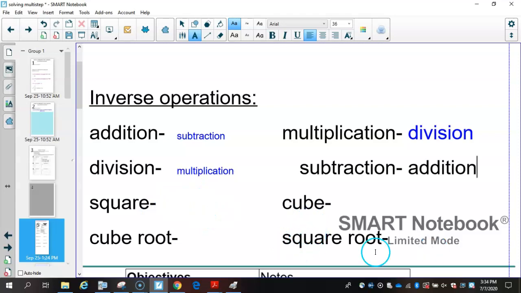When you square root something, you're looking at what times itself would give you the number inside of the square root, and then the number you use to get that would be your answer for the square root.